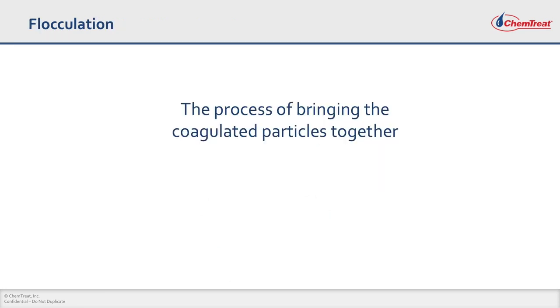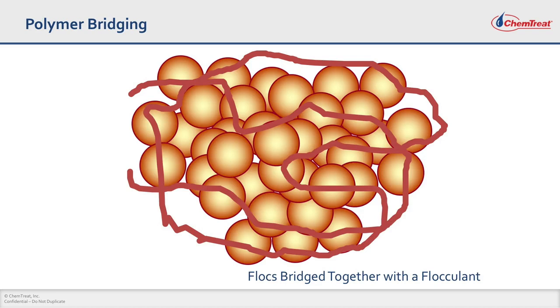Flocculation. Well, the process of flocculation is the process of bridging these coagulated particles together. So we form these individual pin flocks made up of a lot of little particles. And then flocculation is the process of using a flocculant, a high molecular weight polymer, to wrap all of these flocks together, to bring them together. We call that bridging.